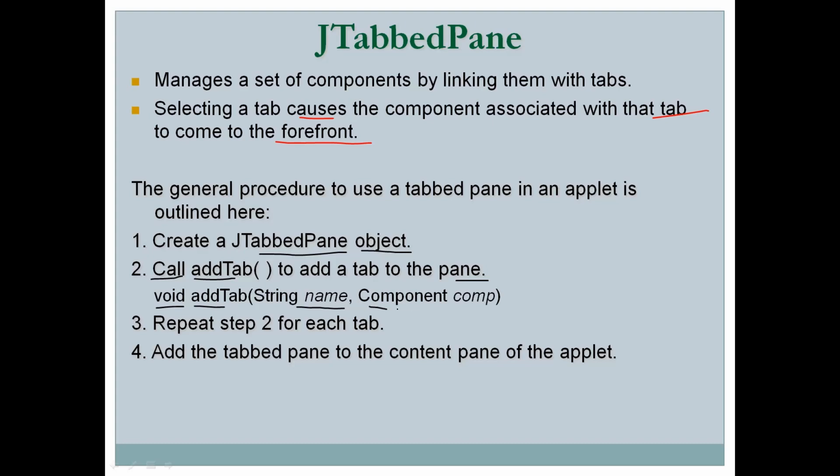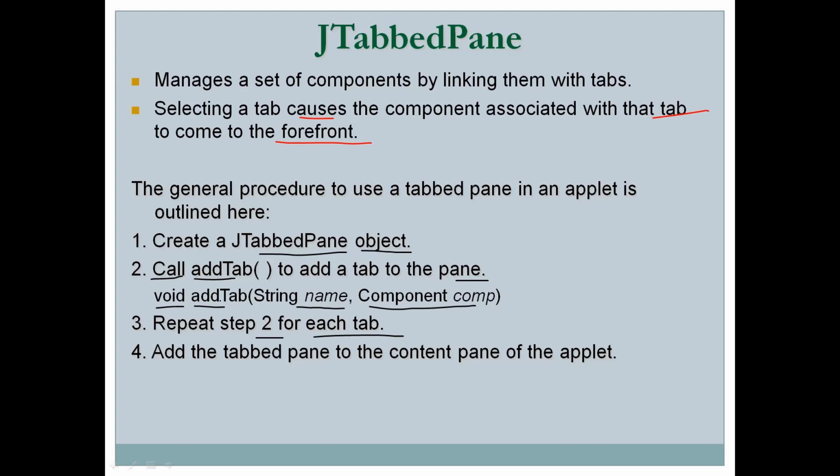Then the components. This is the group of components which you want to display when that particular tab is clicked. So you have to add a name and the component. Step 3 is to repeat step 2 for each tab.